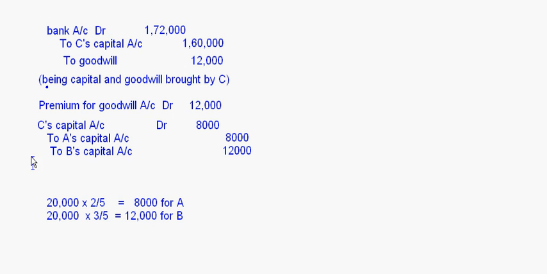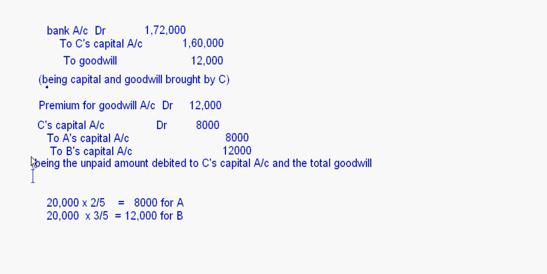Right? So here, the unpaid amount is debited to C's capital account, and the total goodwill including cash brought in is transferred to A and B's capital account in the ratio of 2:3.